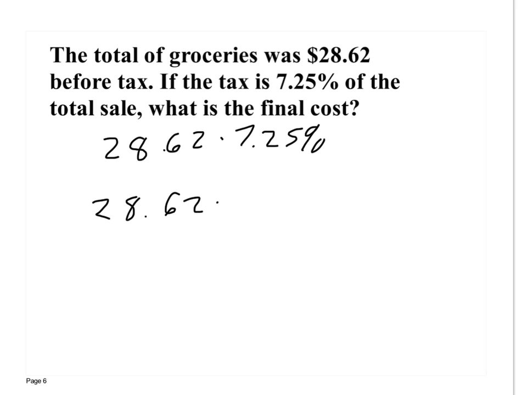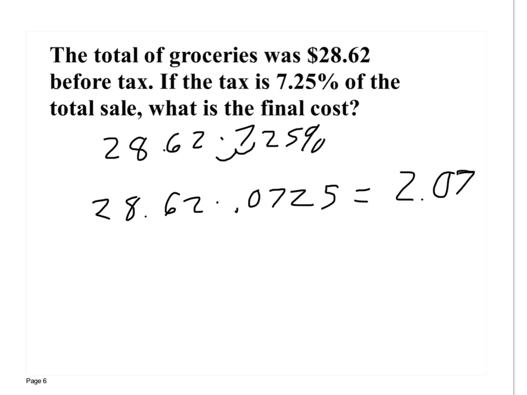When you do that, you move the decimal 2 places to the left, so you're going to times by 0.0725. So 28.62 times 0.0725. You will be allowed to use a calculator. When you do that, you get 2.07.